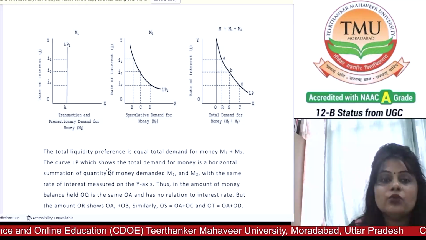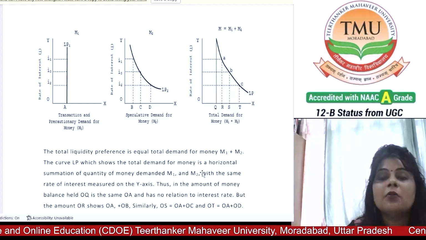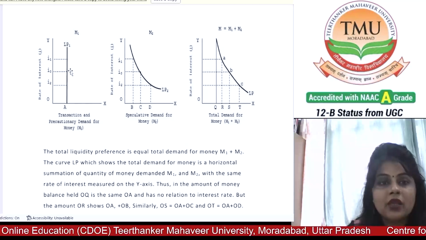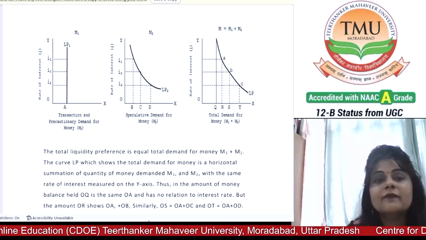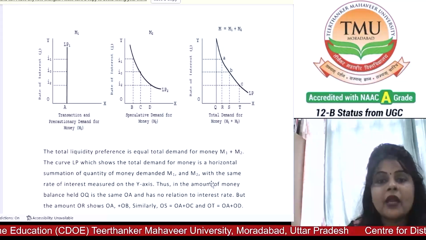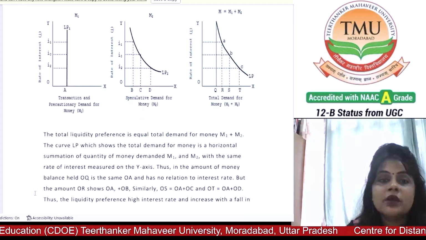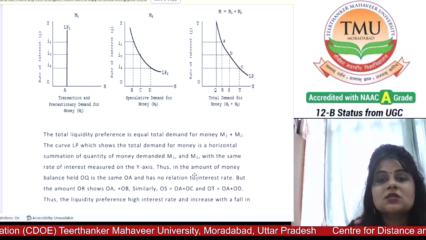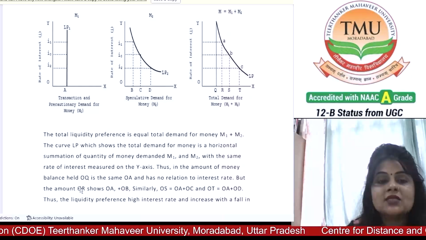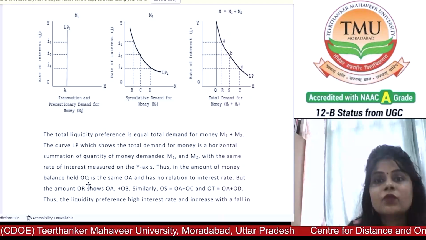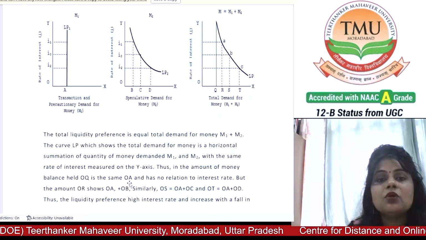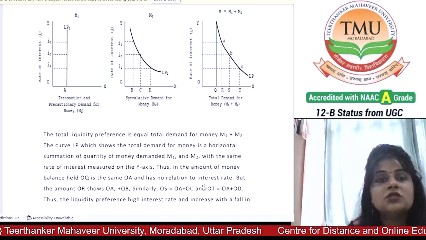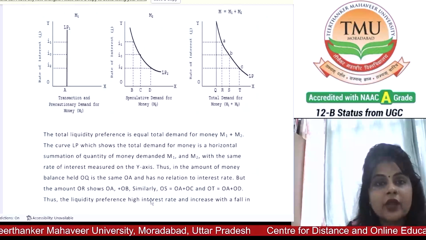The curve LP, which shows the total demand for money, is the horizontal summation of the quantities of money demanded. It shows the money demanded M1 and M2 at the same rate of interest, measured on the y-axis. The amount of money balance is OQ, which is the same as OA and has no relationship to the interest rate.